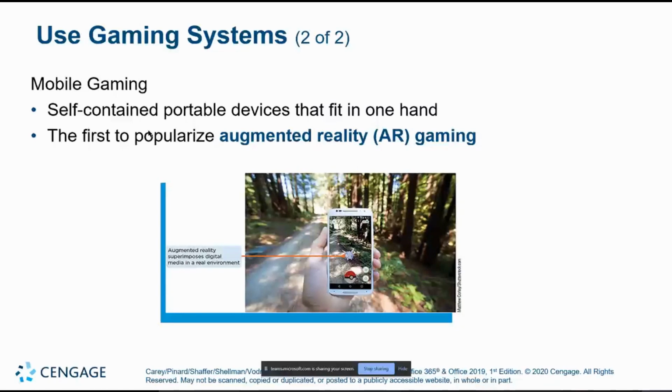So you can see here in the figure, you've got an image of someone walking along what looks like a forest trail or something like that. And they're playing Pokemon Go. And so there is a Pokemon superimposed into the center of the screen.